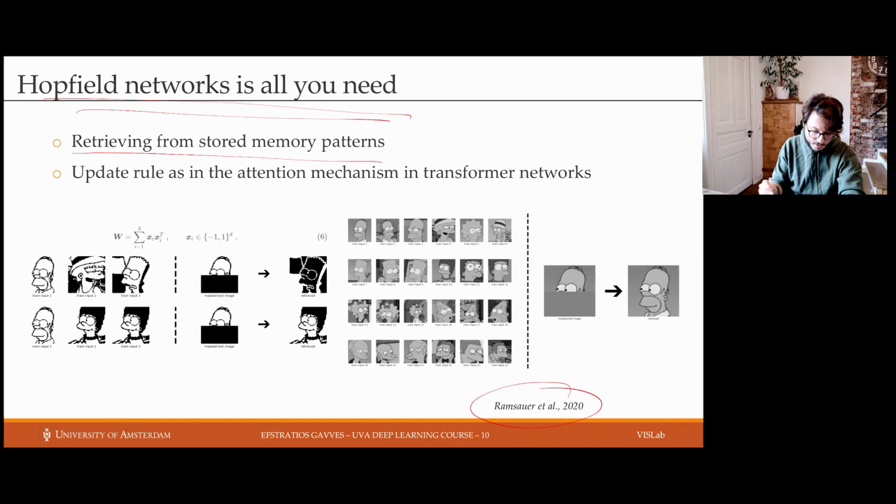So, Hopfield networks is all you need, and they show how you can retrieve and complete interesting patterns from stored memories, and they show that if you have an update rule that resembles the attention mechanism in your transformer networks, this can actually make a difference.